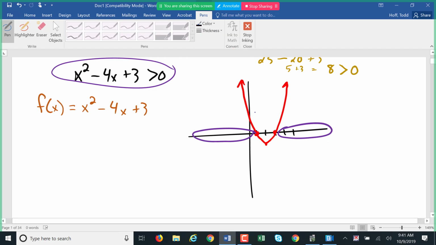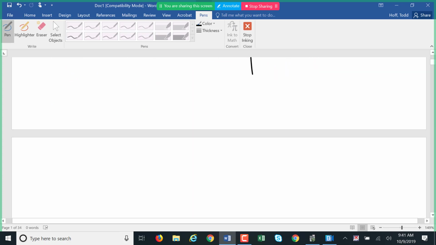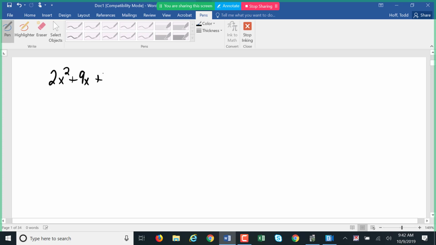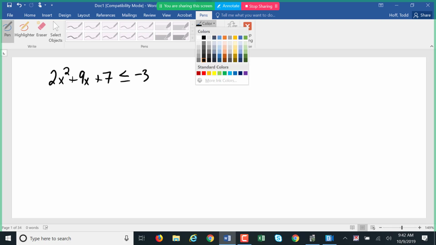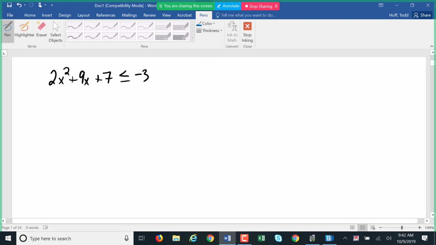Well, let's look at another example or two. We might have 2x squared plus 9x plus 7 is less than or equal to negative 3. Now remember, our first step is to get it compared to 0. Right now, there's a negative 3 on the right side.